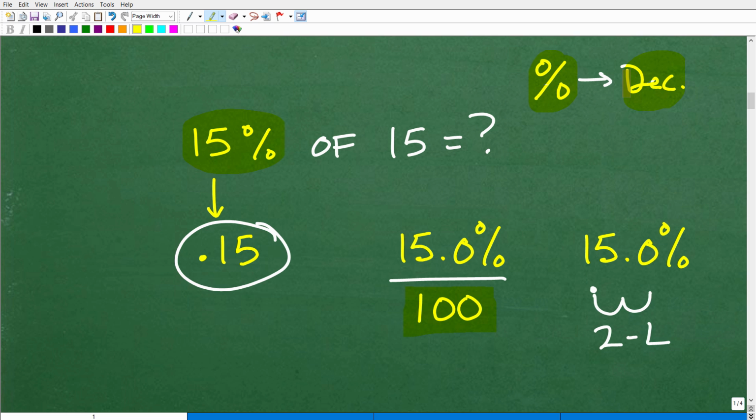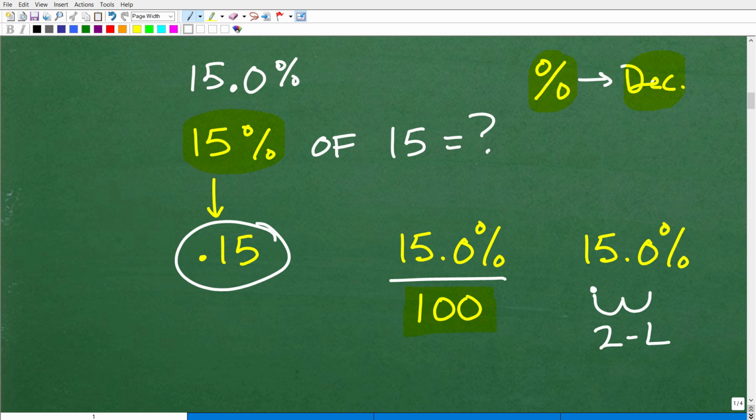Now, not only in this case but in all cases, when you take your number and divide by 100, effectively what you're doing is taking the decimal point and moving it two places to the left. So for example, here is 15. Now you're saying, well, where's the decimal point? You could just put the decimal point right here, 15.0%.